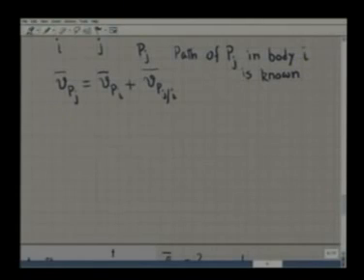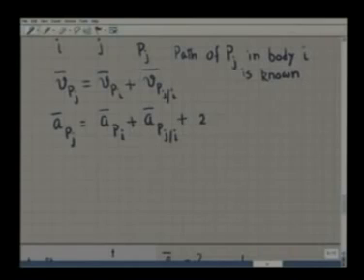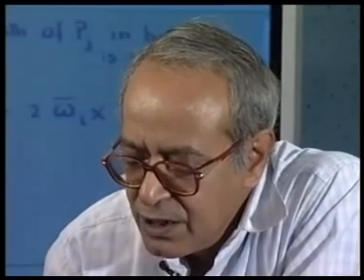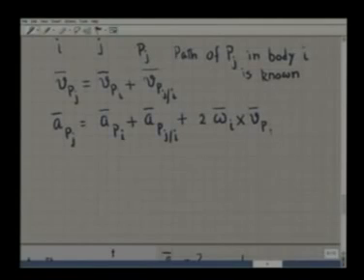But for acceleration, I will have acceleration of Pj is acceleration of Pi plus acceleration of Pj as seen by an observer on body i plus A Coriolis, which is twice omega i, angular velocity of the body i is known, cross Vpji. This I write API plus.